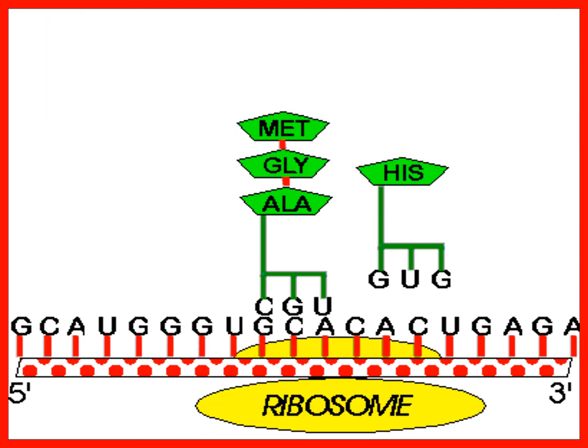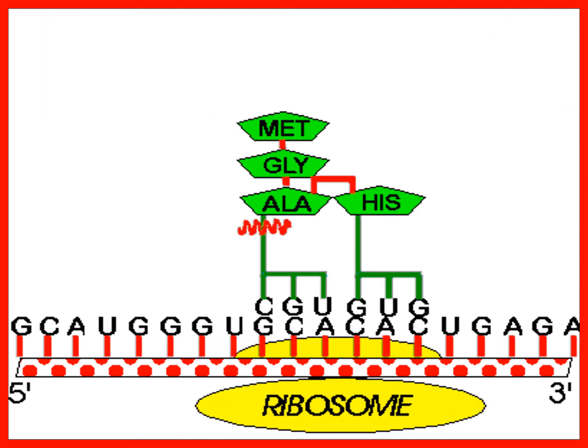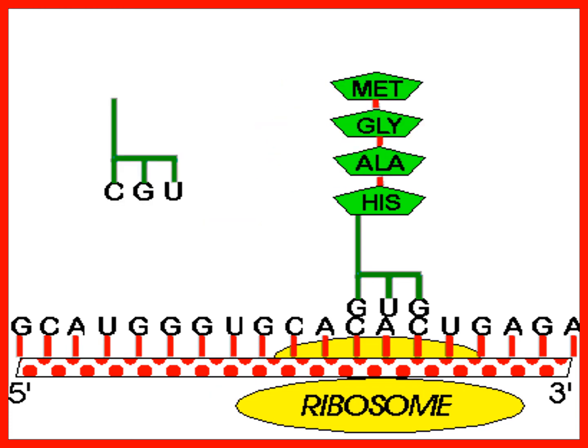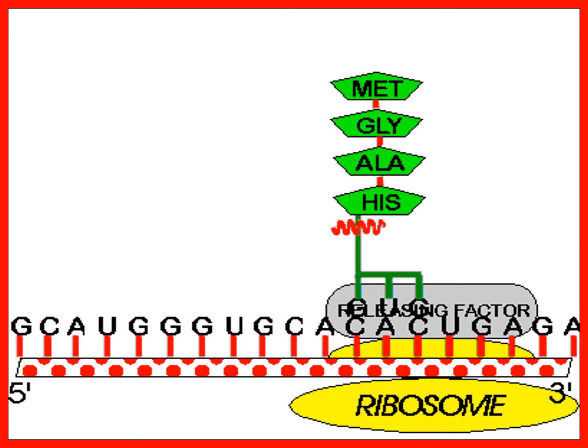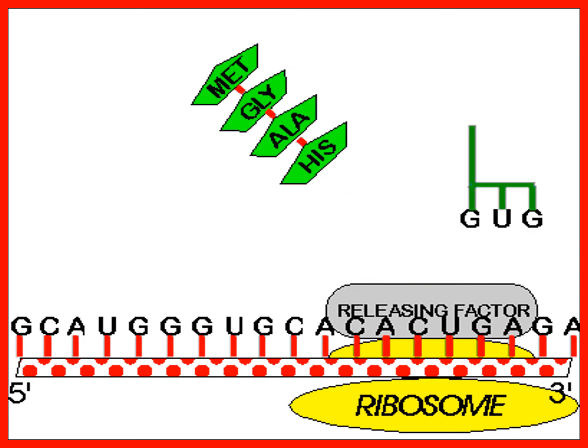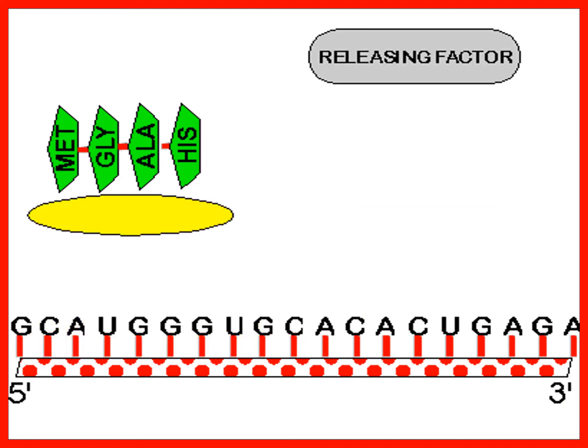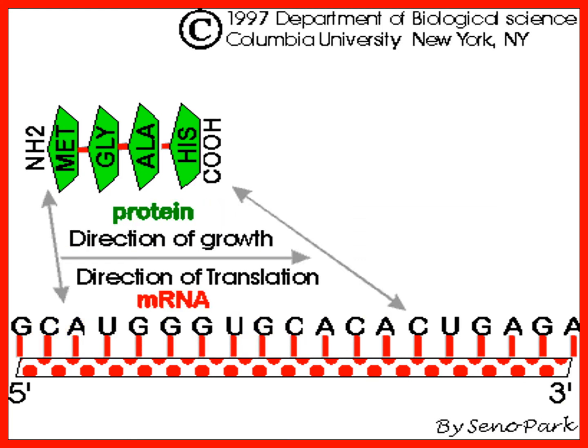When it attaches to the start codon AUG, a tRNA comes along, which has got the complementary tRNA anticodon to AUG, and that tRNA will bring the specific amino acid MET. And then you do the same for the next mRNA codon and so on, and then these amino acids are joined to each other through peptide bonds to make the polypeptide chain until you reach the stop codon of the mRNA.